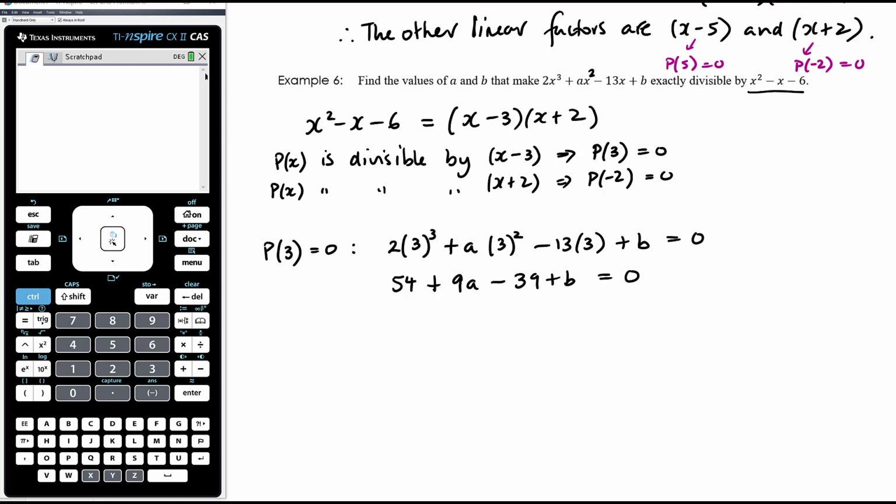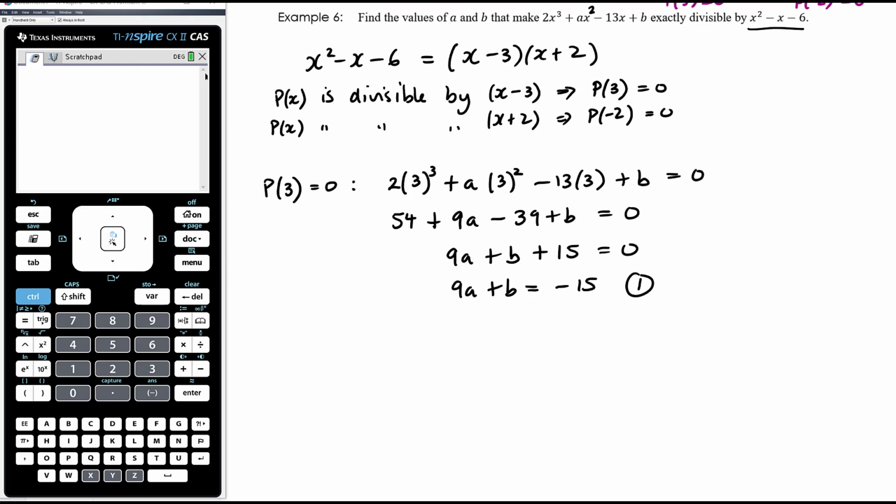Okay, so 54 minus 39 is going to be 15. Yep. So 9a plus b plus 15 equals 0, or 9a plus b equals negative 15. Let's call that equation 1.